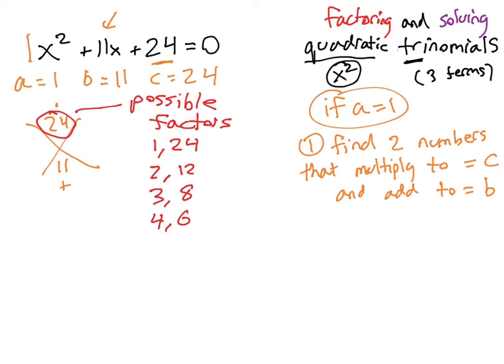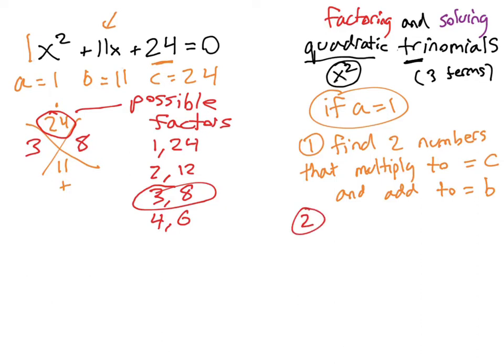Now that we've got this list of possible factors, it's easier for us to see which option works. To add two numbers together and get 11, we're going to have to use 3 and 8. So that's the pair of numbers that solves the puzzle we set up for ourselves in step 1.